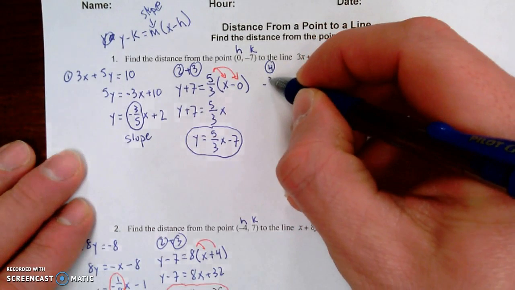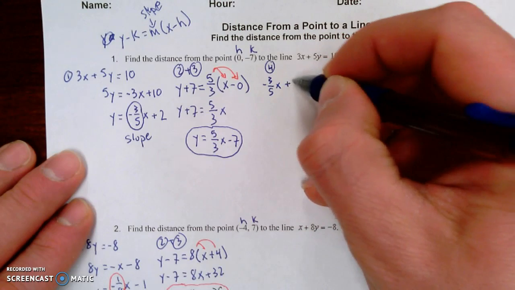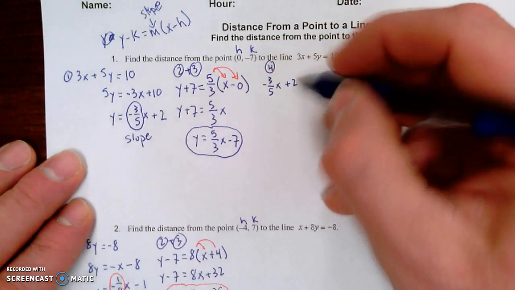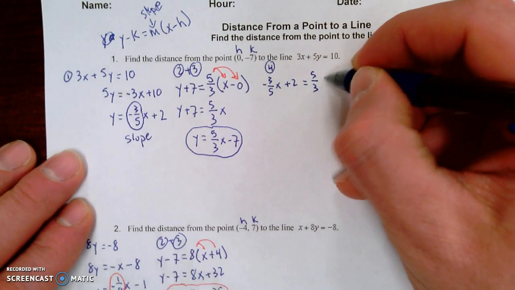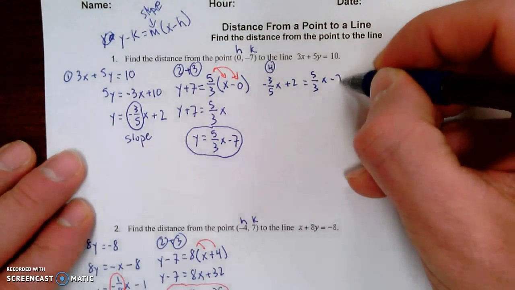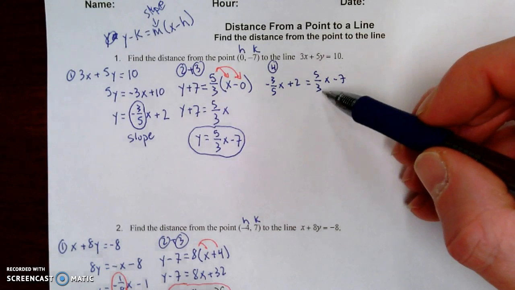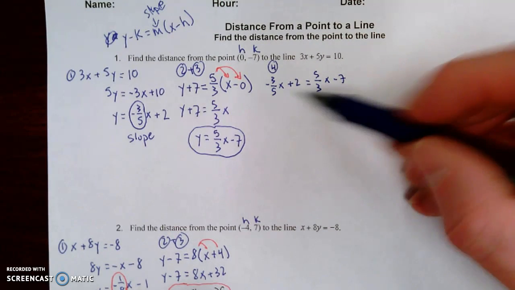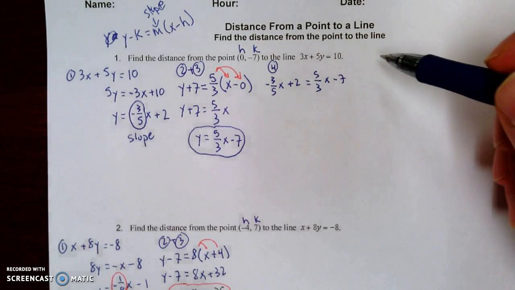We have negative 3/5 x plus 2, that's from over here, equals 5/3 x minus 7. First thing I want to do is get rid of all these ugly fractions. So the smallest number that both these denominators go into is 15. So I'm going to multiply everything here by 15.